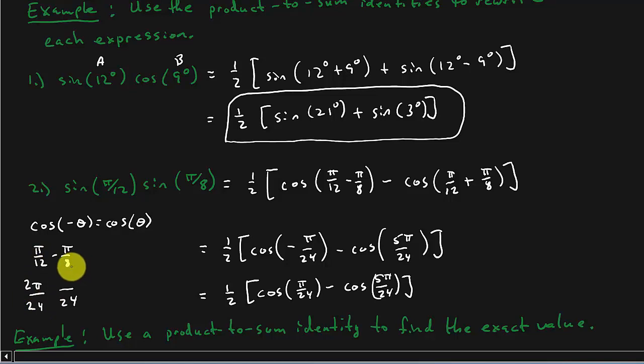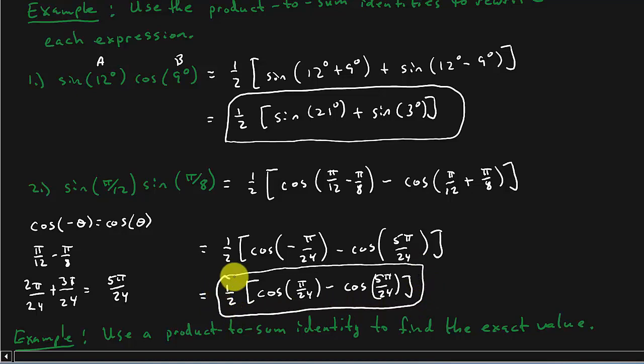And then what do we multiply to 8 to get 24? 3. So we got to multiply 3 to the numerator. And so 2 pi minus 3 pi is negative pi over 24. And then if we have the addition in between them, then you can see that would be 2 pi plus 3 pi is 5 pi over 24. So that's how you get those. And this is your answer right here. All right.